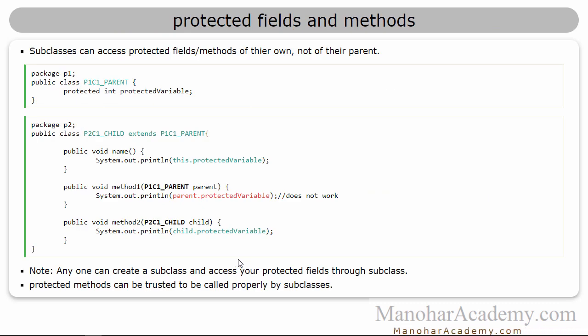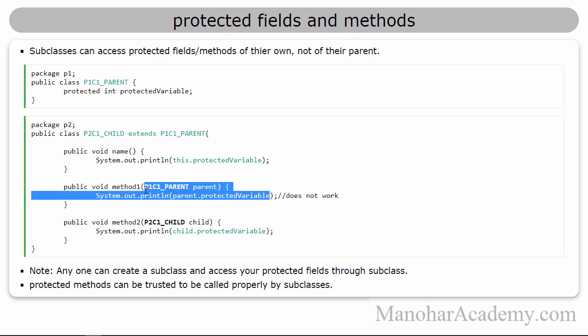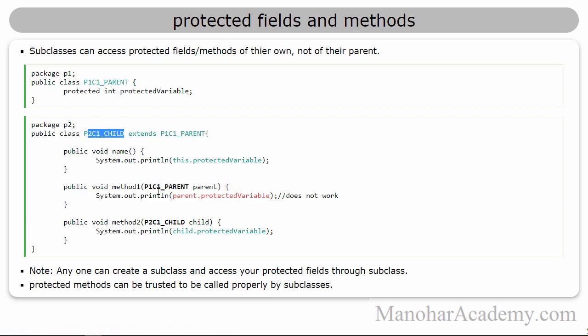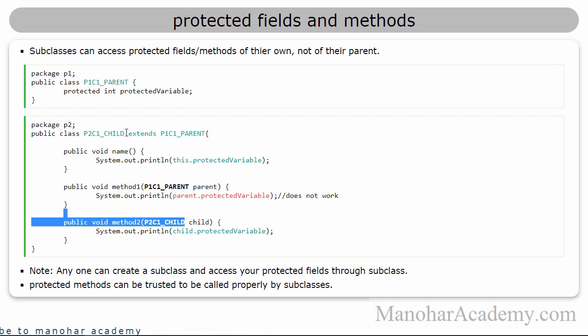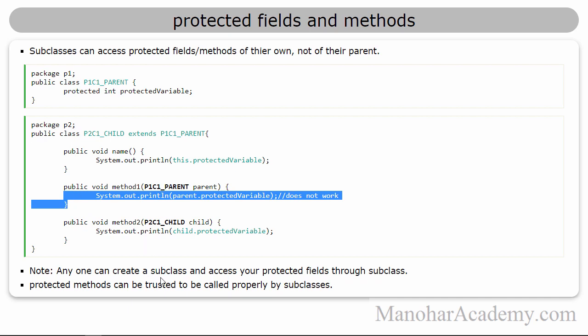Even though they are accessible inside the child class, in order to protect the encapsulation principle, they cannot peek into the private fields of the parent class. So in this child class, if you receive any parent class objects, you can't access the protected fields inside the parent class. You can access the protected fields inside the child class, but you can't access the fields of the parent type.